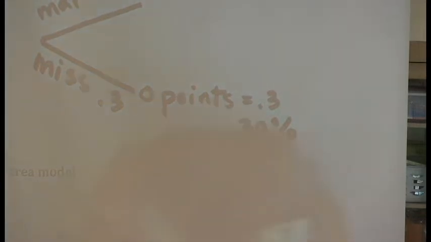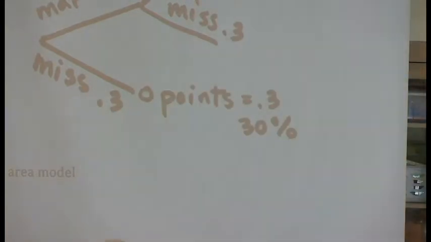Okay? So after I make the first one, they give me the ball back. Well, Rimshot could make the second one, which would also be 0.7, right? Or he could miss the second one, which would be 0.3.